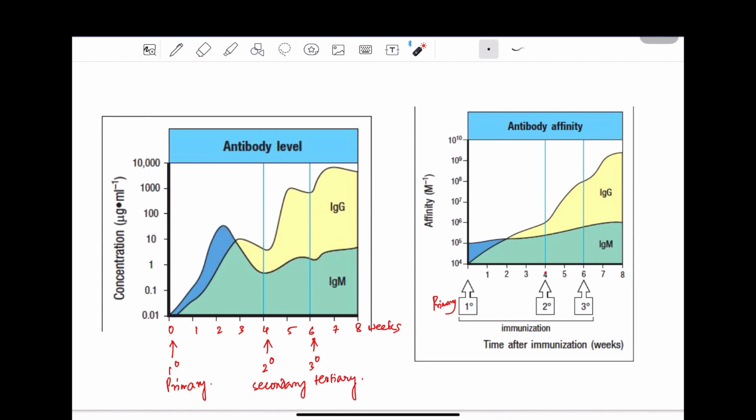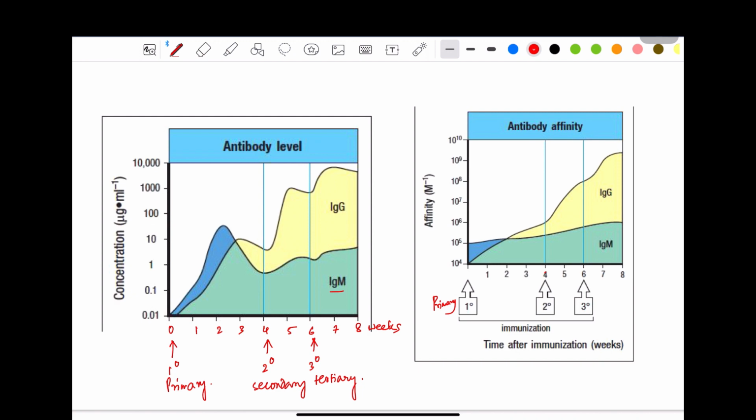Now, this antibody is IgM. The first antibody that encounters the pathogen or helps in clearing the pathogen is the IgM. IgM is the first responder, the first antibody produced to clear off the pathogen and generate the adaptive immune response in the primary response.